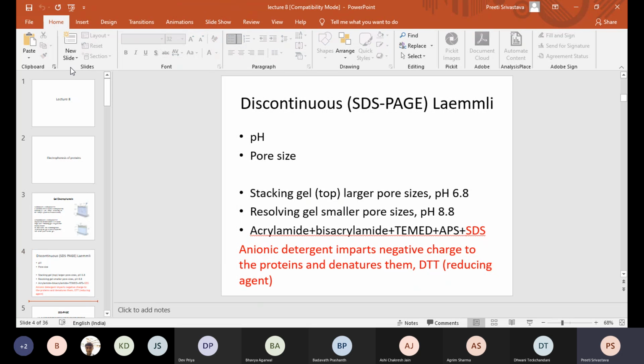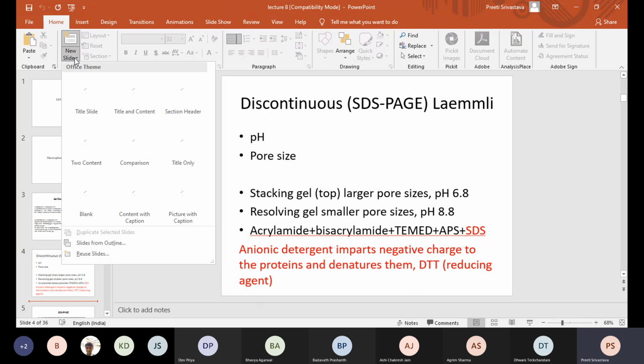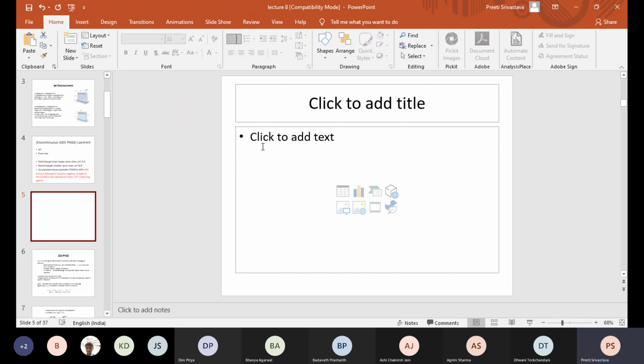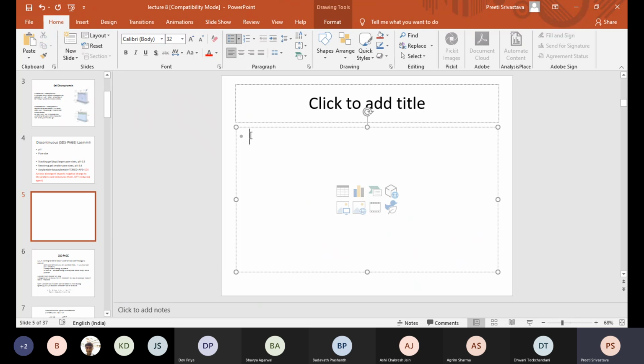Right, so we discussed in the class the differences with respect to pH. Now the differences are also there with respect to pore size. We talk about the stacking gel. So stacking gel has a bigger pore or smaller pore? What do you think?